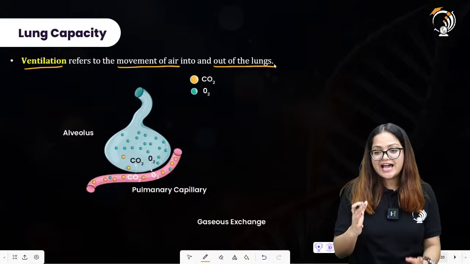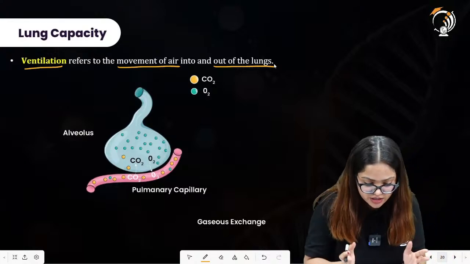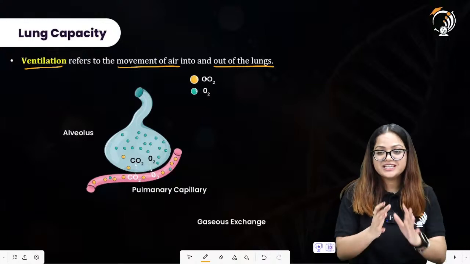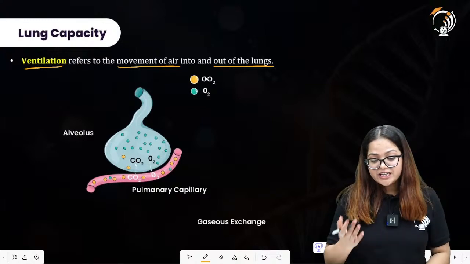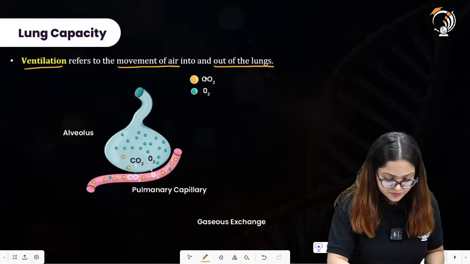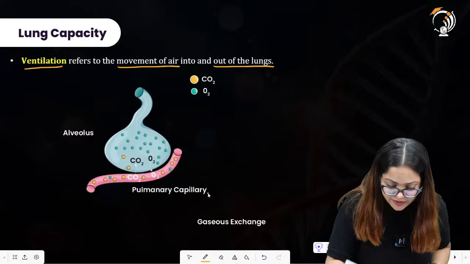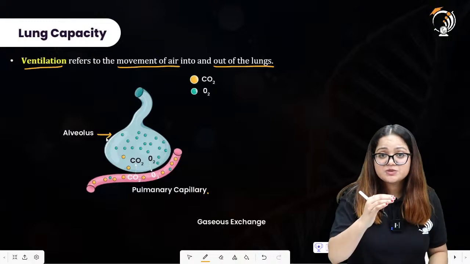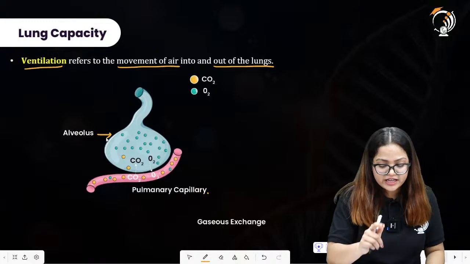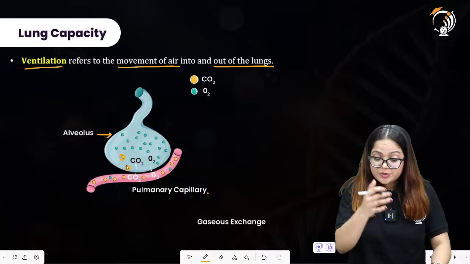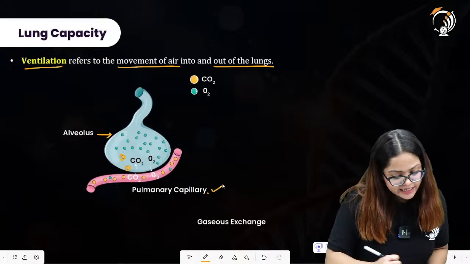Carbon dioxide is represented by the orange color over here, and the oxygen molecules are represented by the green color. You can easily see the transport of these two gases from this diagram. We have the pulmonary capillary here and the alveolus here. The carbon dioxide, present in low concentration in the alveoli, is represented by these bubbles, and it is present in high concentration in the pulmonary capillary.